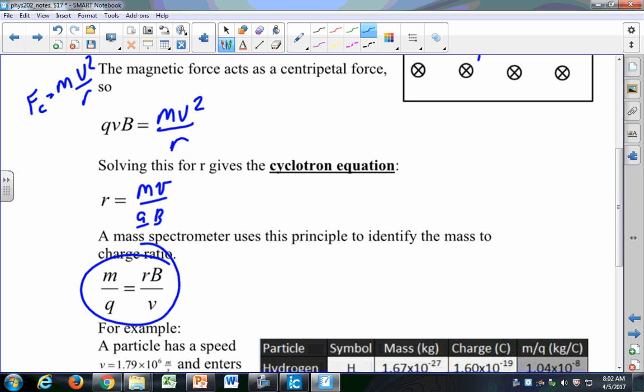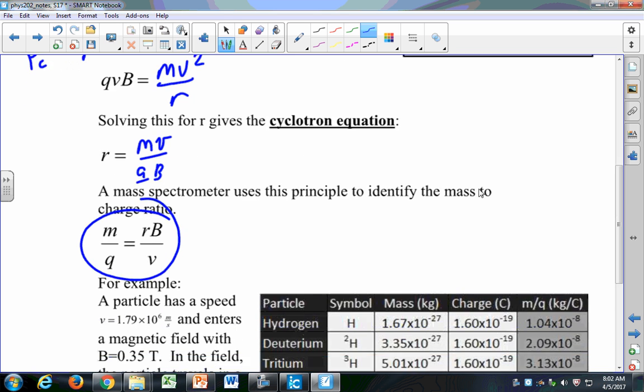All I have to do is give the particle a certain velocity. We'll accelerate the particle in an electric field to give it a certain velocity. Then I set the magnetic field, and I measure the radius of the path. When you do that, you can figure out the mass to charge ratio.